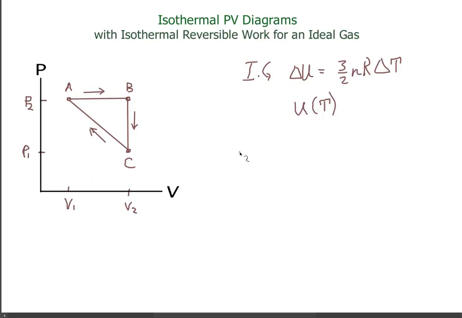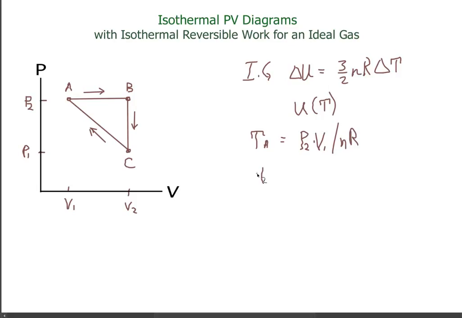Now from that, we can immediately write the temperature of each state. This is simply done using the ideal gas law. So we'll be able to say that state A is going to be pressure 2 times volume 1 divided by NR.